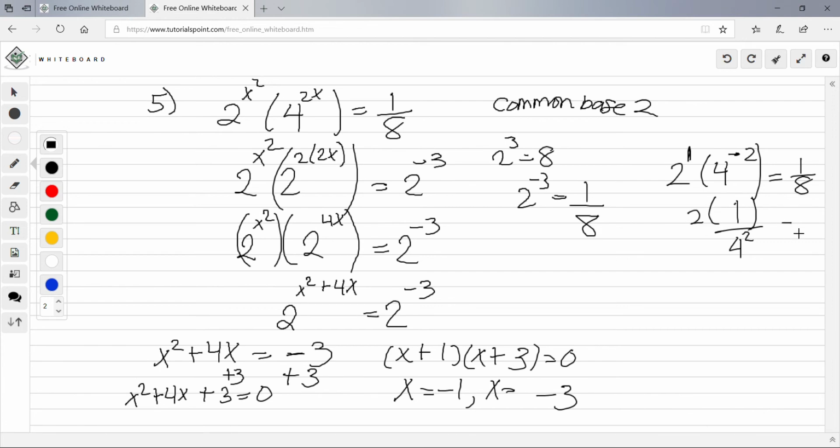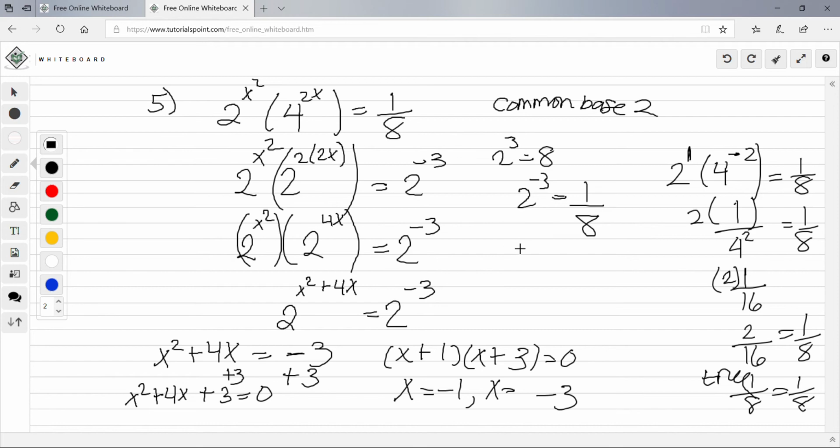So 1/4 squared is 1/16, and then times 2 is 2/16. This reduces by 2, so 1 over 16 over 2, which is 8. So 1/8 equals 1/8. So that part's true. So -1 is true.